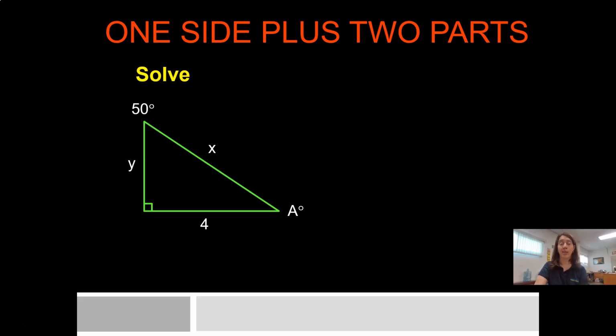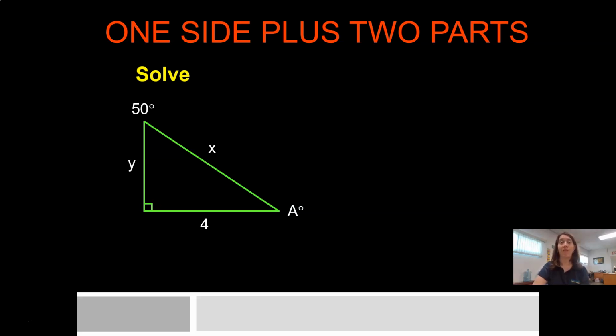When we picked out the ratio that we needed, we always had to start from an angle. Which angle do we want to start at in this picture? It is the 50 degrees. We never started at the right angle when we did our trig ratios, and I don't want to start at A just in case I did anything silly with my arithmetic. So I want to start from the given angle, and that's my 50 degree.